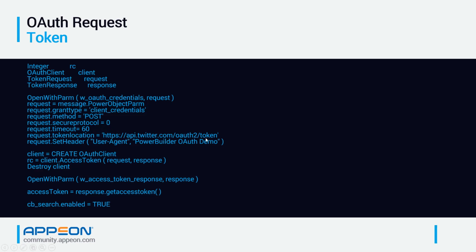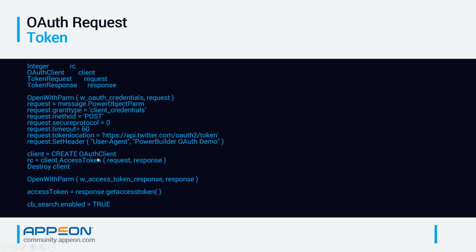This is the location that Twitter says you need to call. And then I found that we need to do a set header on it. It didn't really matter what the header was set to, but we had to do a set header for user agent on the request, or Twitter would ignore it, likely to prevent being spammed with invalid OAuth requests intended to take the server down or something.